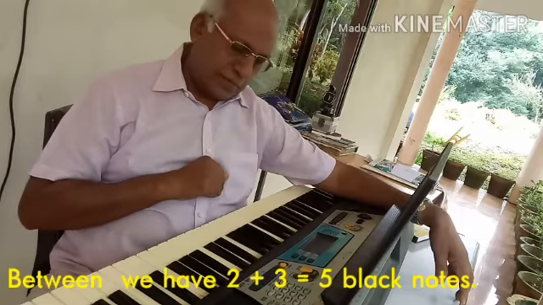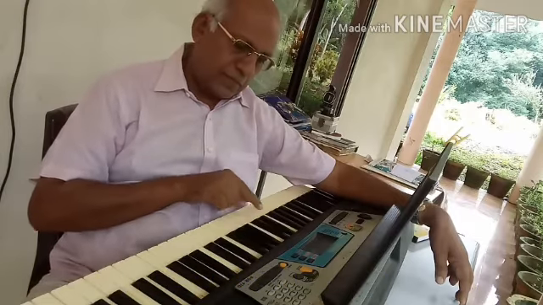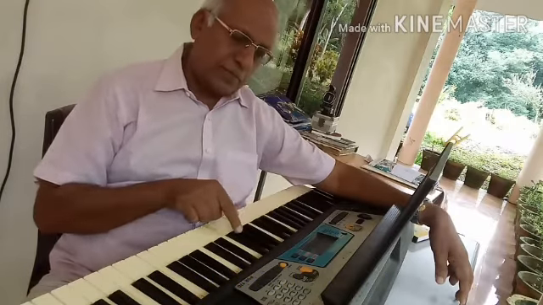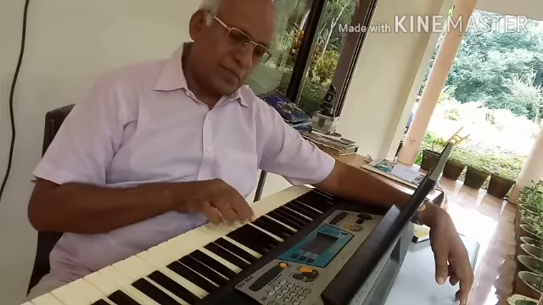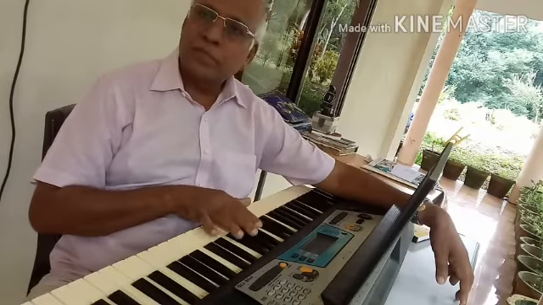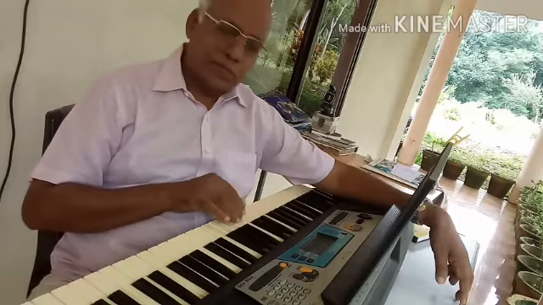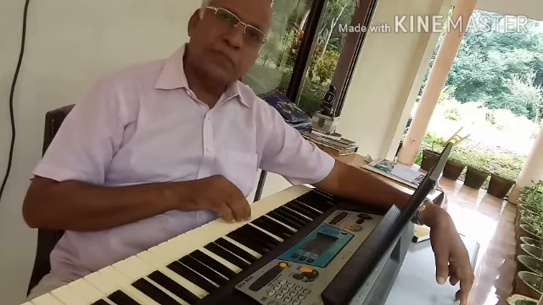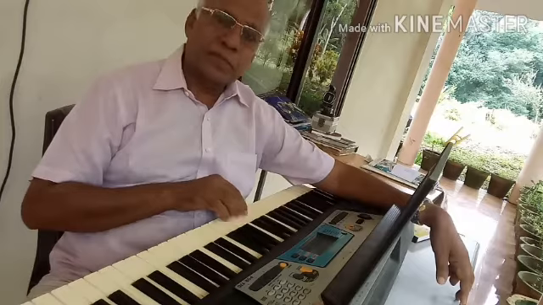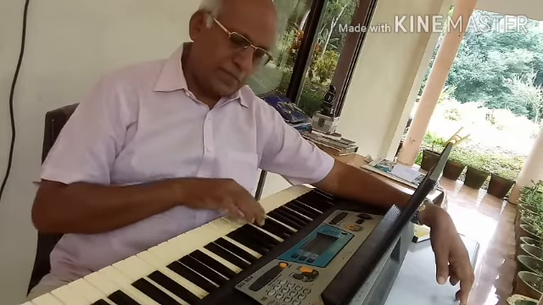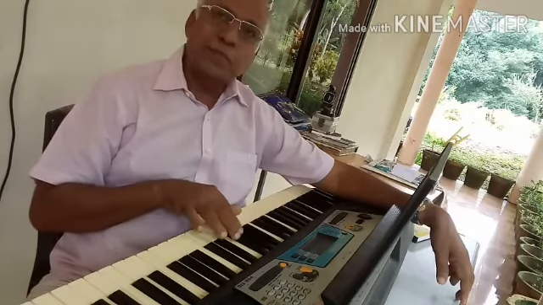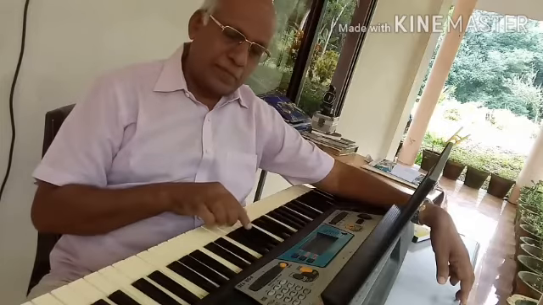In between these 7 notes, we have 3 plus 2, that is 5 black notes. Is it that these black notes are just placed in between without any reason? No. There must be some reason for the existence of these black notes in between.